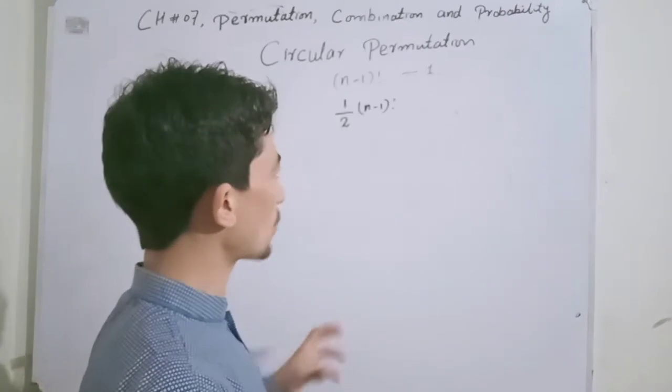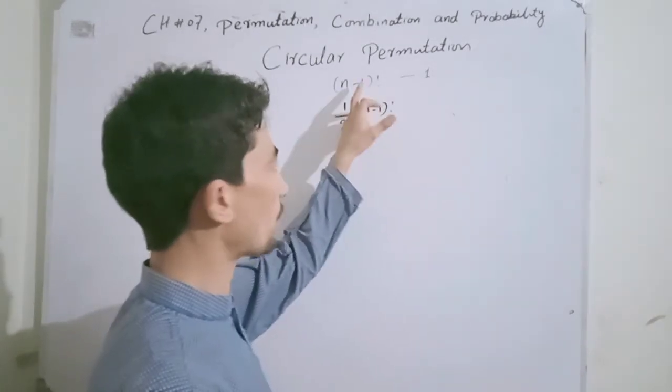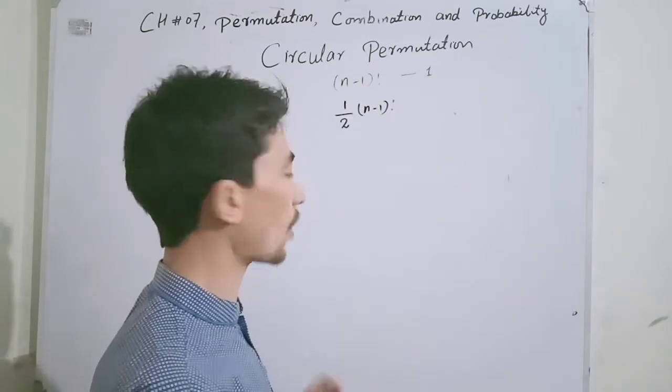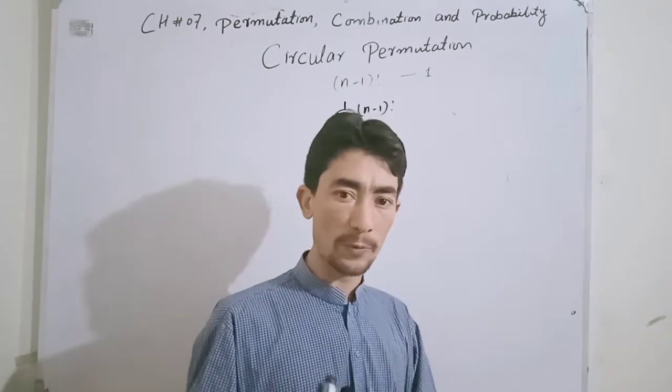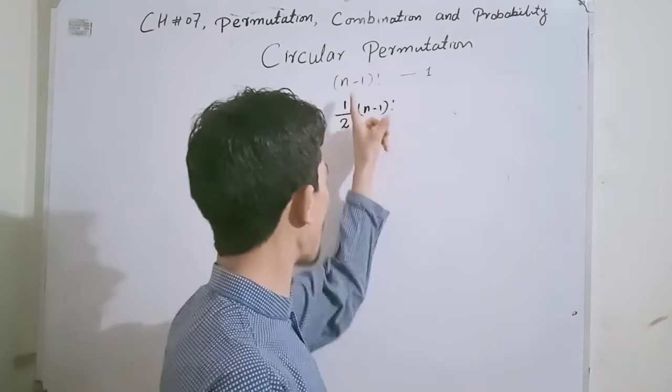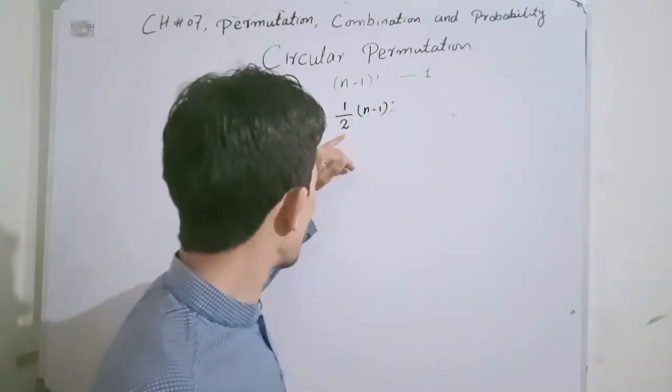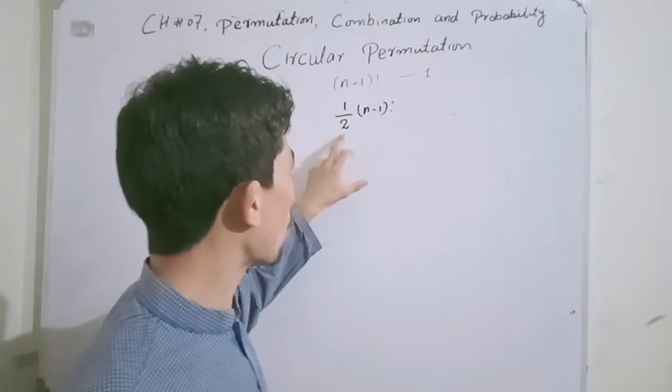Students, 1/2 n minus 1 factorial means n minus 1 factorial is the first circular permutation of n different objects, and 2 means half of n minus 1 factorial, which means half of circular permutation of n different objects. You are thinking about the 2. Why is 2 here?